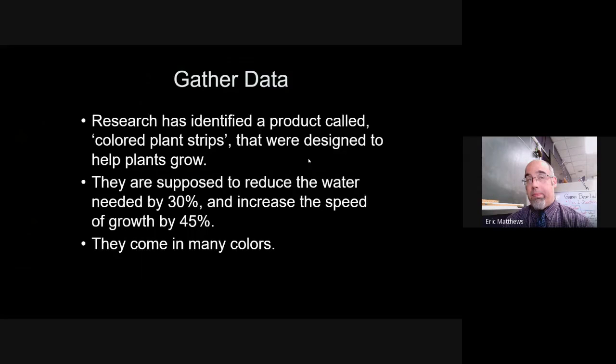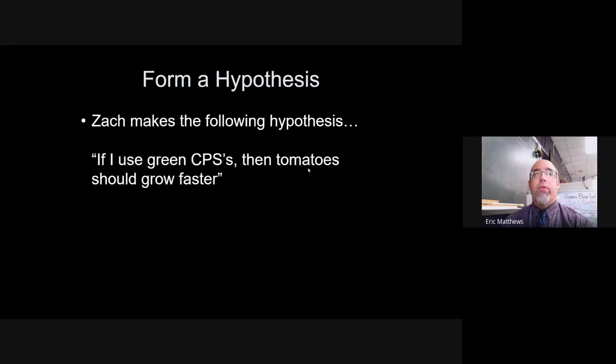Step number 3. Now he needs to form his hypothesis. Now remember, the only thing important about a hypothesis is, can it be tested? It doesn't matter if it's right or wrong. So he makes a hypothesis. He picks a color at random, green, because plants are green, so green colored strips. If I use green colored plant strips, then tomatoes should grow faster.